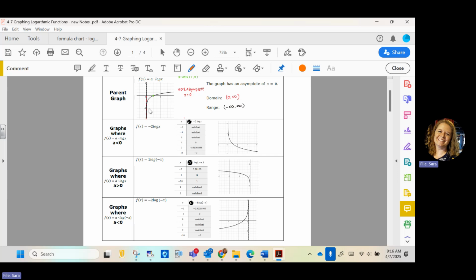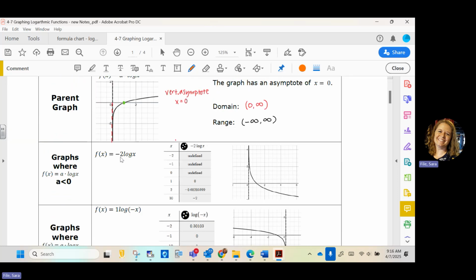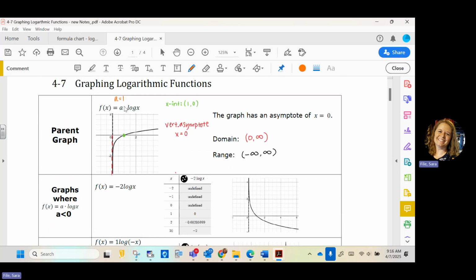Okay, so this parent function that I started with is on the right side of the asymptote, and it's increasing left to right. This one is still on the right side of the asymptote, but it's decreasing from left to right. Okay, the difference is that a value went from a positive to a negative.